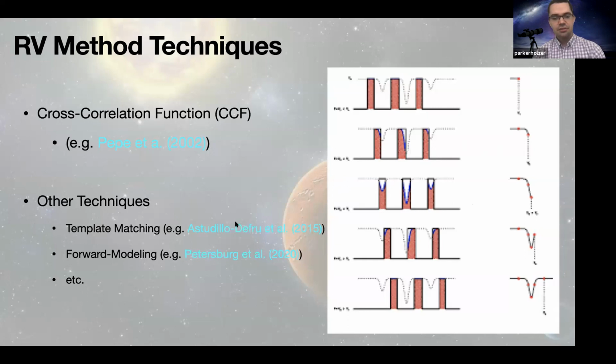And there are other techniques as well, a good amount of which are actually based on the cross-correlation function. These are some of the techniques that have been developed. The CCF is the most common. And so that's what I'll be comparing to with a new approach that I'll introduce for this purpose.